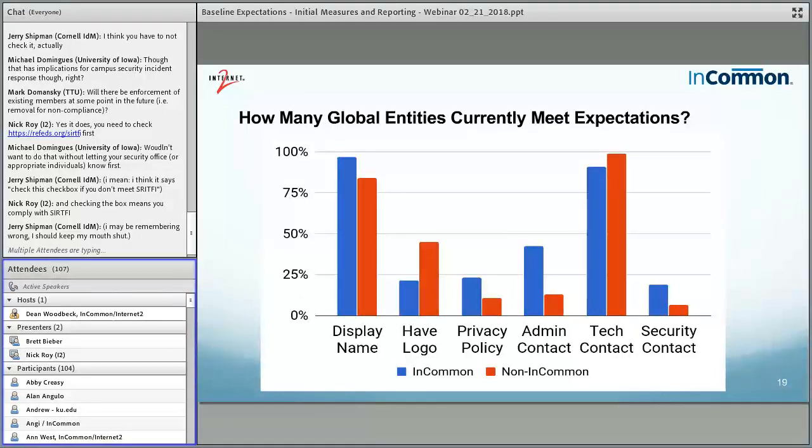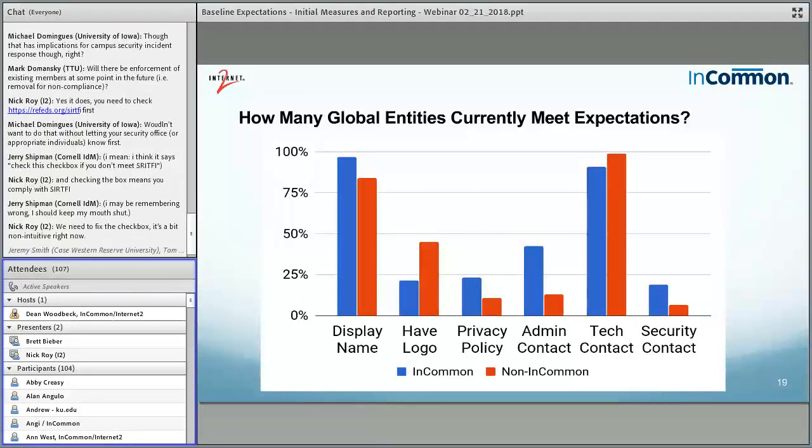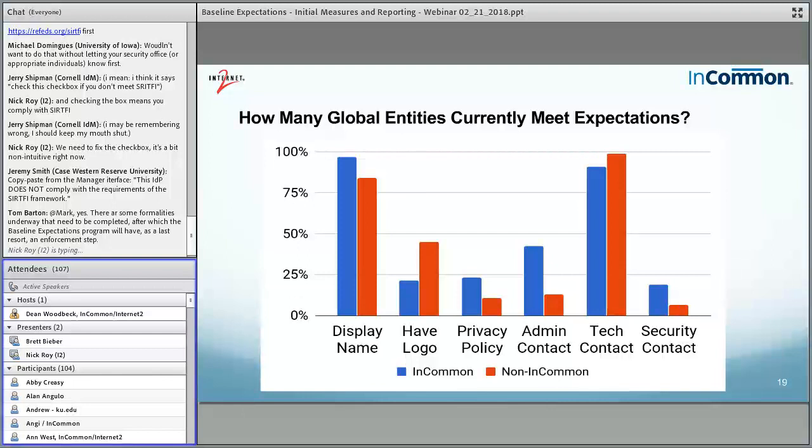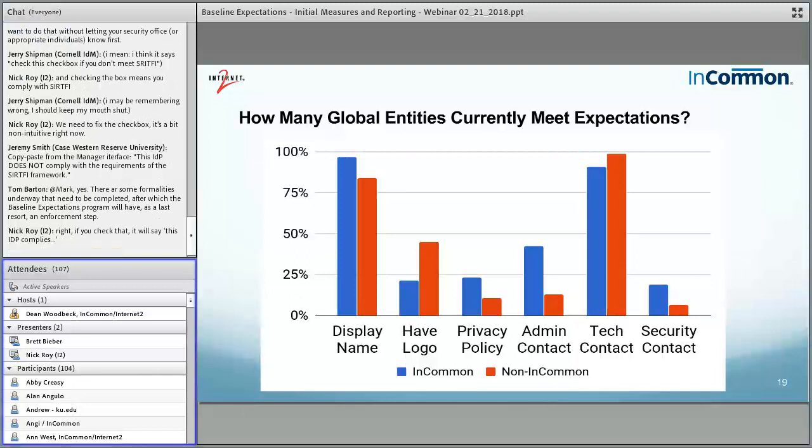We're doing better than all of the global entities out there in those specific areas. Technical contact, not so much, but those are really high already, in the 80 to 90% ranges for display names and technical contacts. This is another interesting way to look at the data, and it also highlights the need for continuing to push baseline expectations not only within InCommon, but globally with all of the other federations out there.